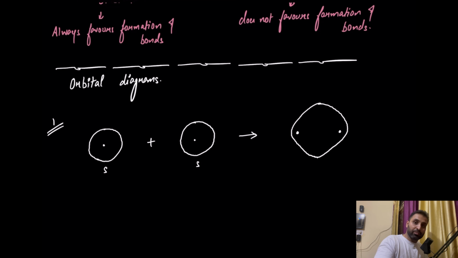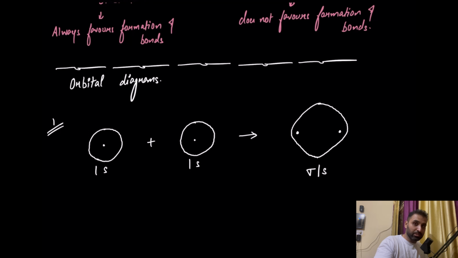And this has been formed by s and s orbital, sorry, forms sigma bond. So this will be termed as sigma s orbital. If it's 1s, then this will be called as sigma 1s molecular orbital. Sigma, why sigma?